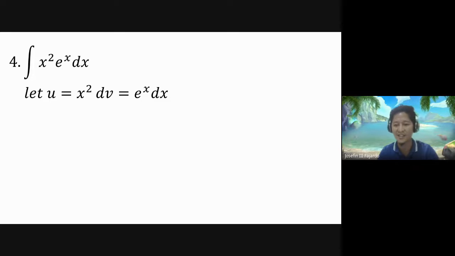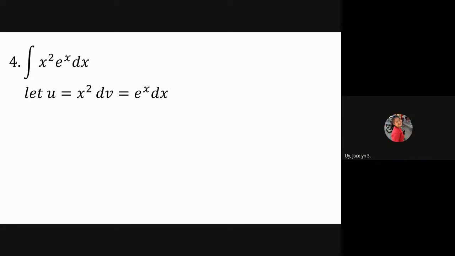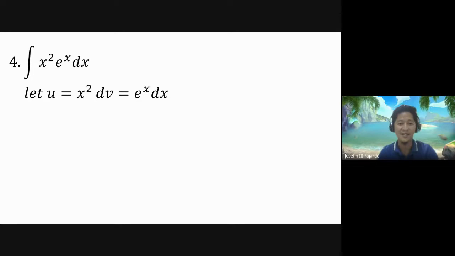Jocelyn, are you there? 2x po, sir. 2x lang ba? 2x dx. Nalimutan natin si dx. Okay? And next. So, ano integral naman ng dv? So, that would be v, right? So, ano integral ng e to the x dx?